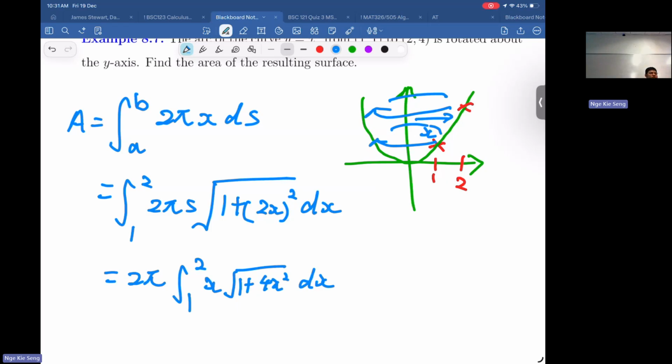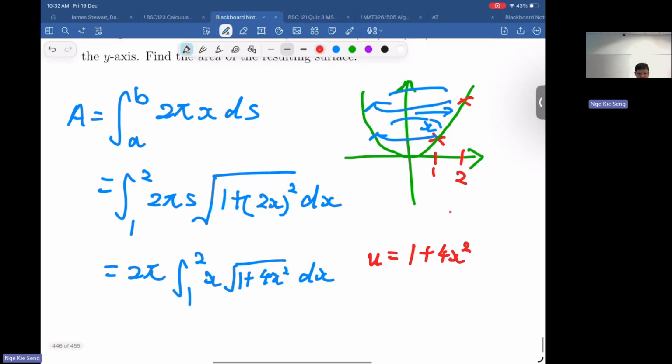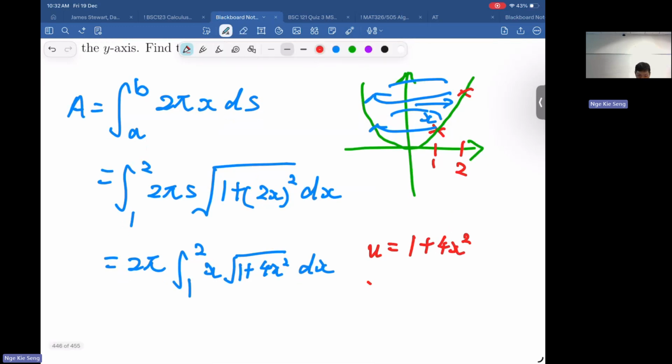But now it's better because you have an x beside it. So what can you do? Substitution. So you substitute u equals 1 plus 4x squared. Just now we were having a very hard time because there was no x there. But now we have an x because the derivative of 1 plus 4x squared is 8x dx.